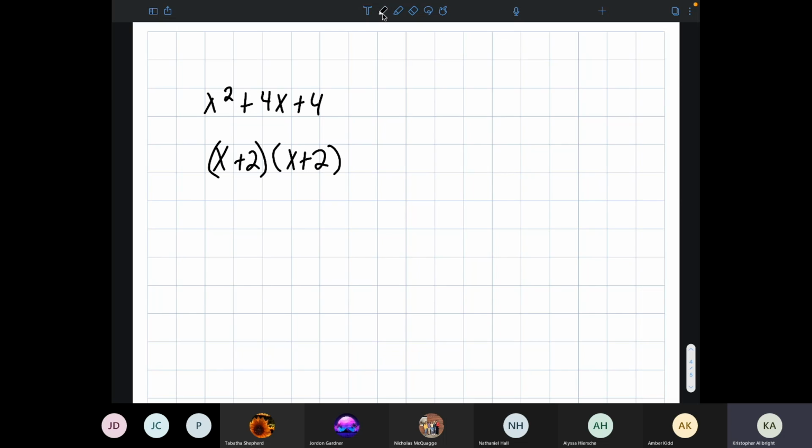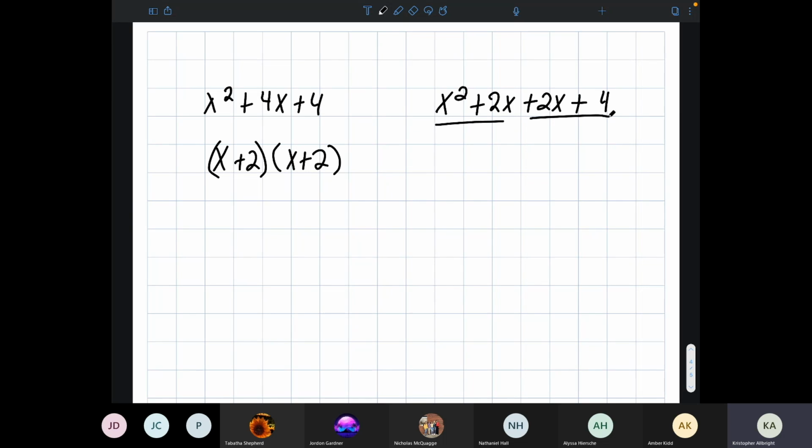And the easiest case of factoring that you're going to have is when you have 4 terms. So if you have 4 terms, you can do this process called grouping. Grouping is where you deal with the first 2 and the second 2 individually.